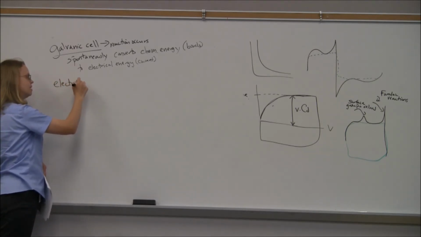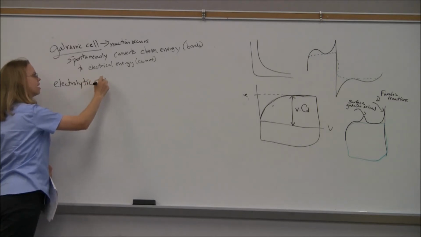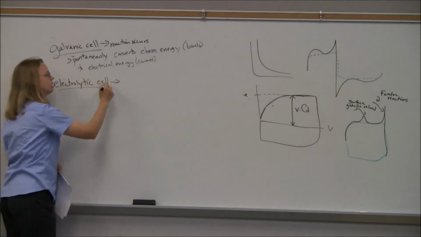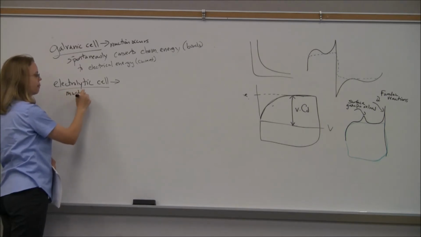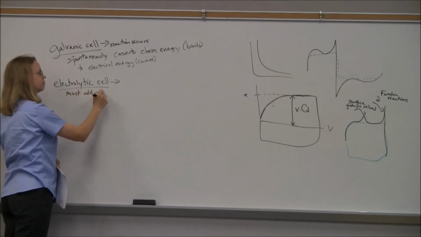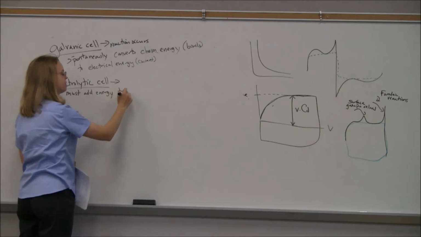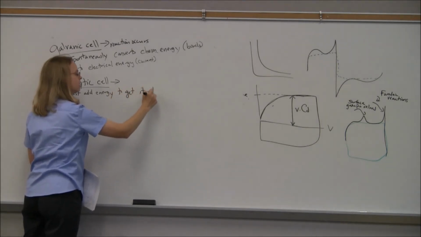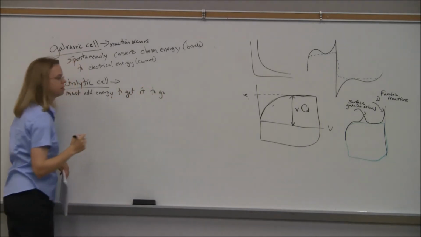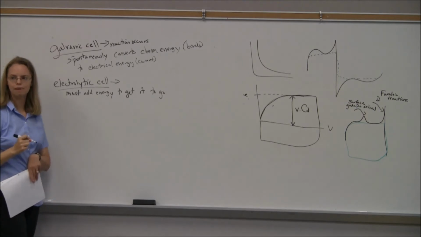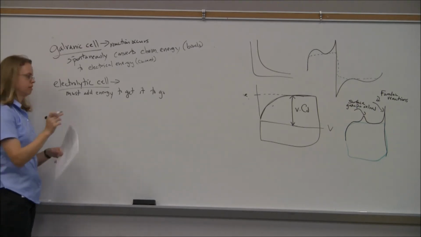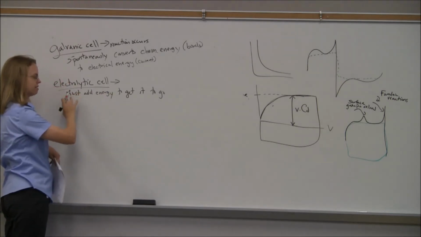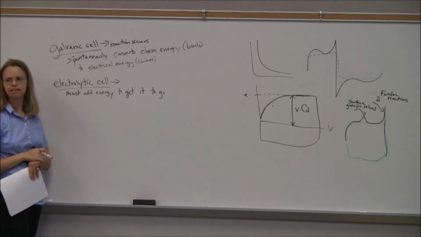The opposite of that is an electrolytic cell. In an electrolytic cell, you must add energy to get it to go. You could put your electrode in there, but if nothing spontaneously happens, you have to add energy to make your electrochemical reaction go. That's an electrolytic cell.